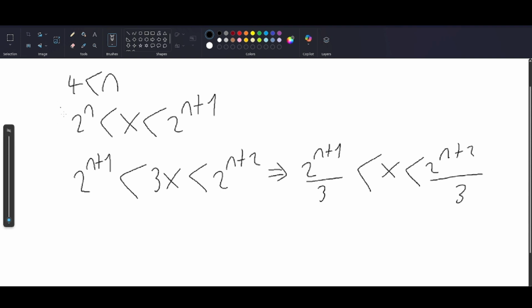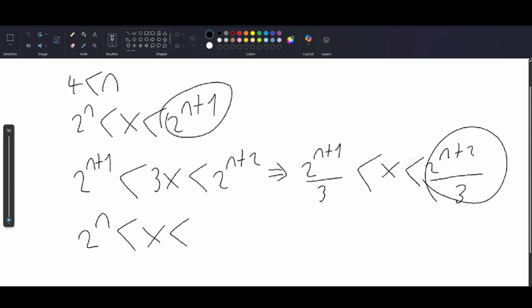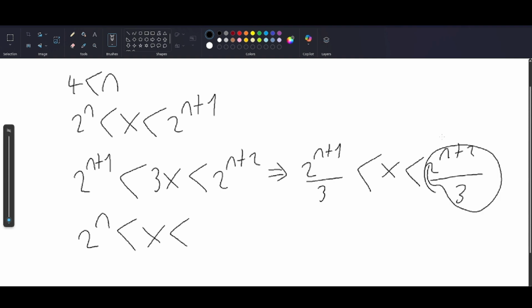So you might wonder why, but I'm going to explain it later. So let's say this 2 to the n is less than x, and we also need to find the right side of the boundary, which we are going to look at these two and select the smallest one. And by the same rule, we can see that this is going to be smaller. So we are going to put 2 to the m plus 2 over 3.